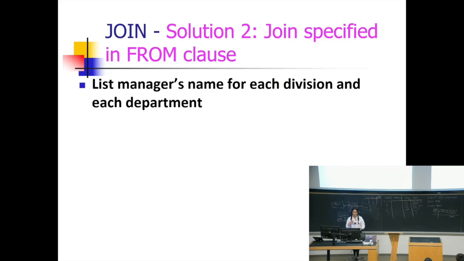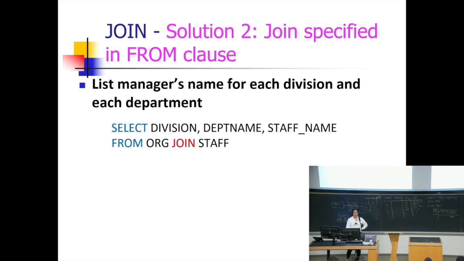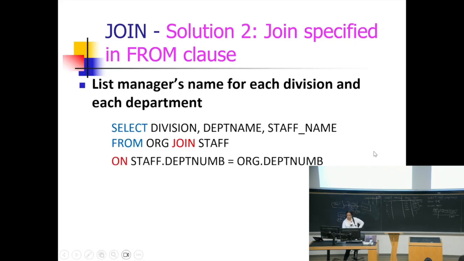And the other type of join, which is very similar, is explicitly using JOIN. The logic is the same, just the syntax is different. For example, if you want to find the manager's name for each division and each department, you write select division, department, and staff name. Now, you want to select from these two tables.